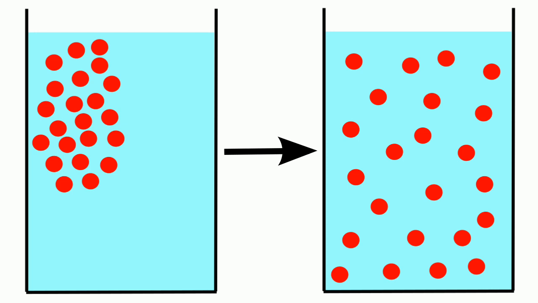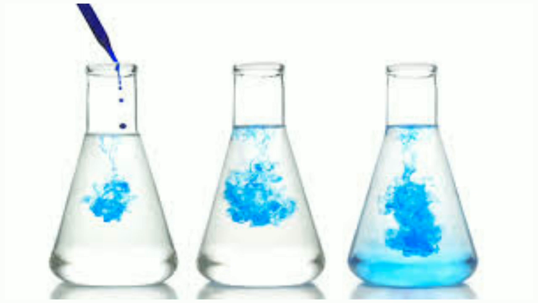This occurs by the process of diffusion. In this picture, you can see when a drop of ink is dropped into water, it moves from the higher concentration and is evenly distributed throughout the water to make it completely blue.